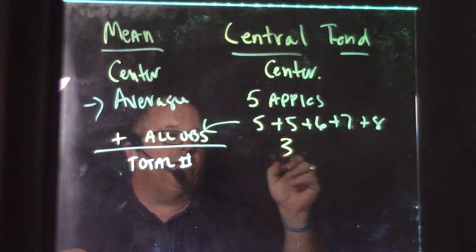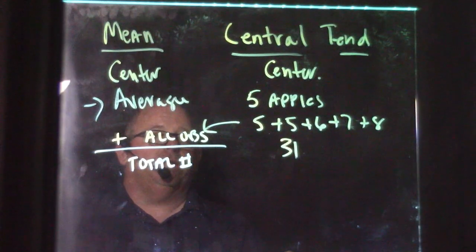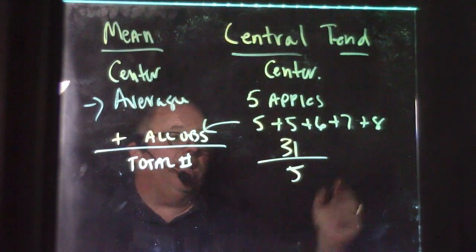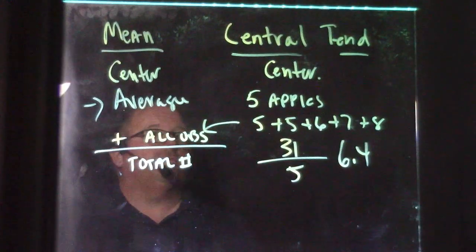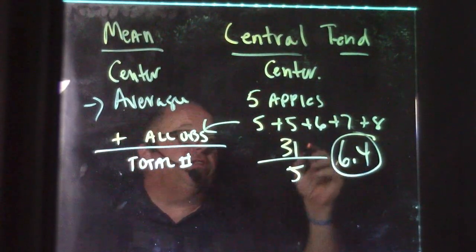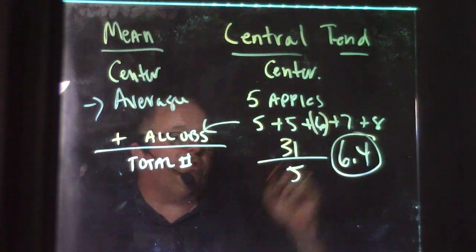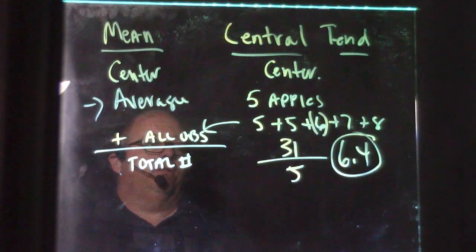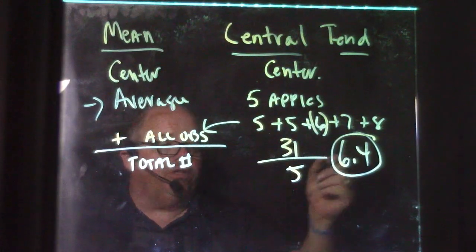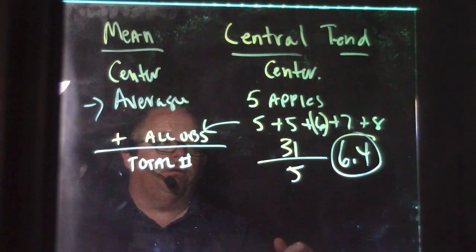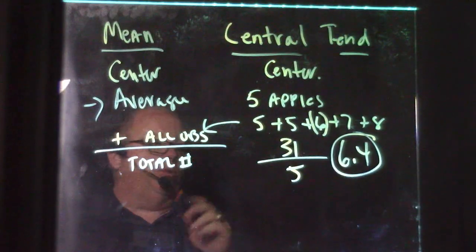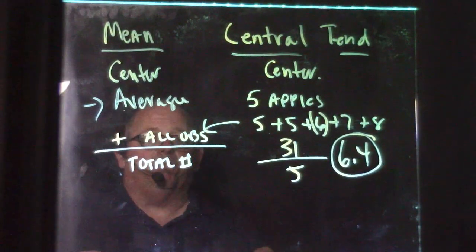And then we're going to divide it by the 5. And that would be 6.4. This right here would be our mean. Visually, you can see that it's going to be around the number 6 because it's in the center. This is your average of all your numbers. It's also the center. So if I drew it out on a number line, I'm going to find out the 6.4 is in the middle.